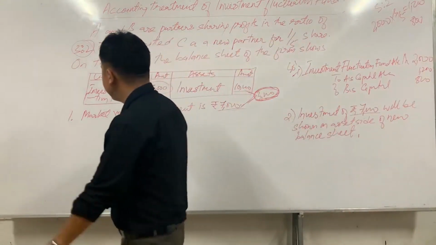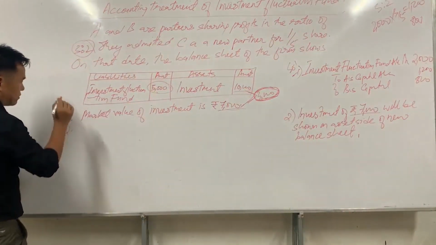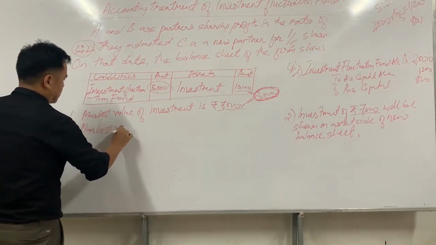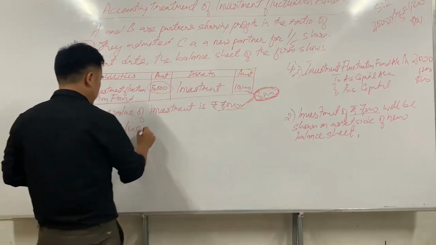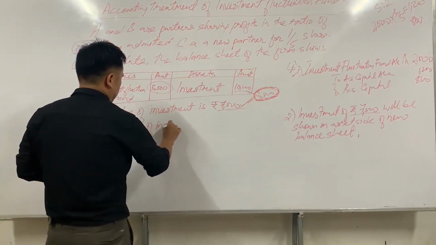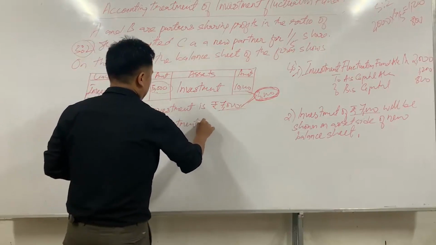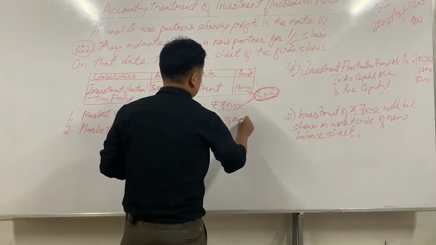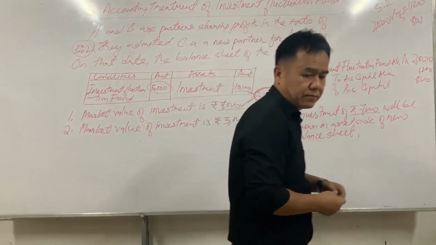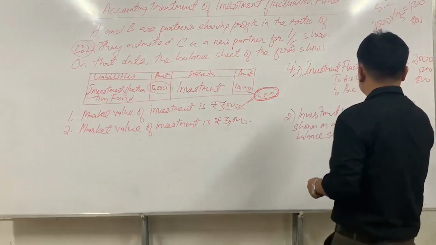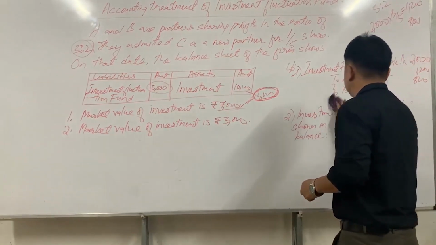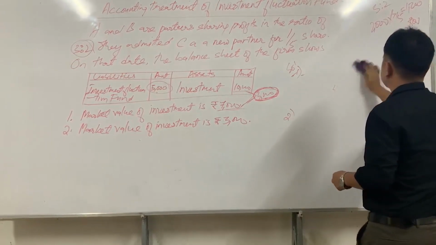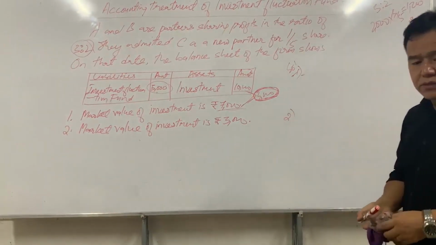Okay, now we are going to do our case number 2. Market value of investment is, say, 3,000.